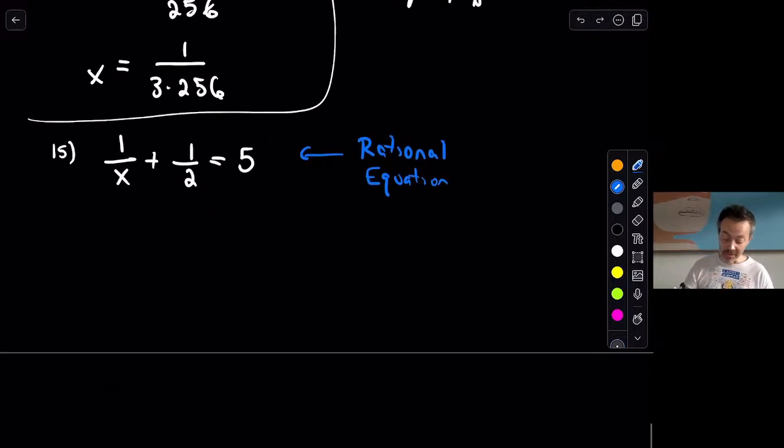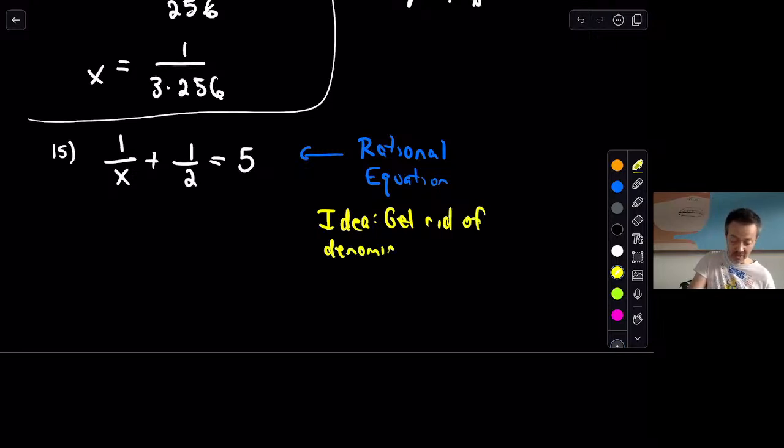So I want to solve this thing. And typically what I try to do is I try to get rid of the denominators by using the least common multiple.